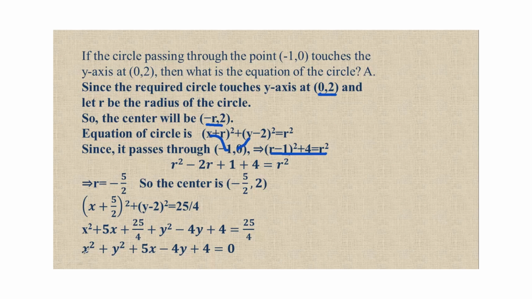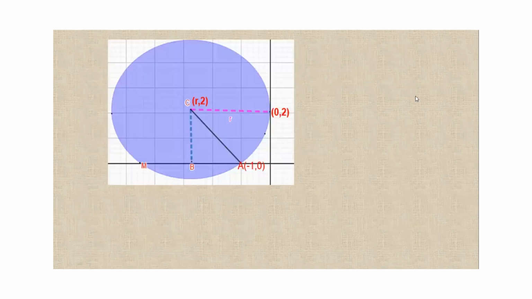Using the general equation of a circle, this is the equation of the circle, and the center is (-5/2, 2). This is the diagram.